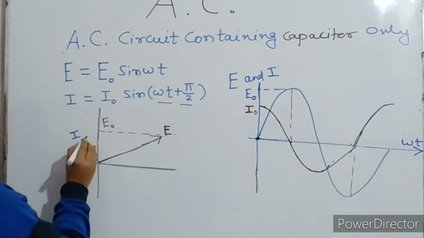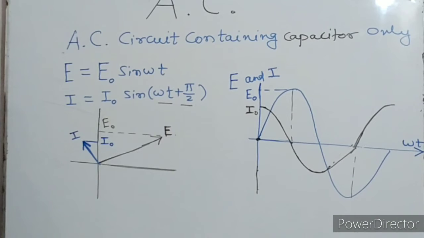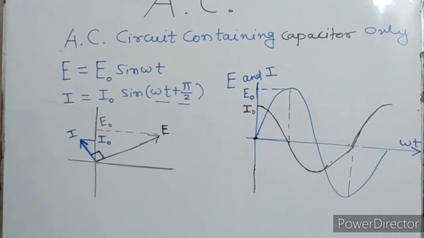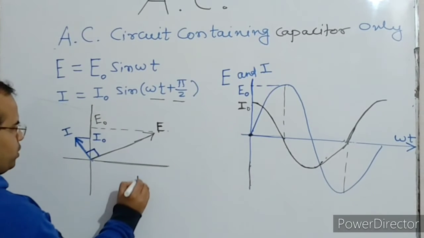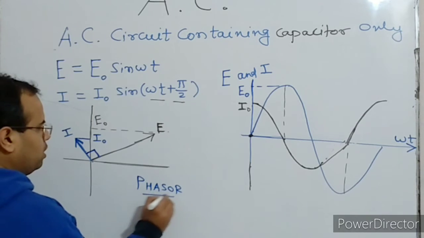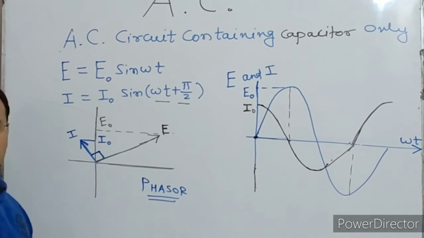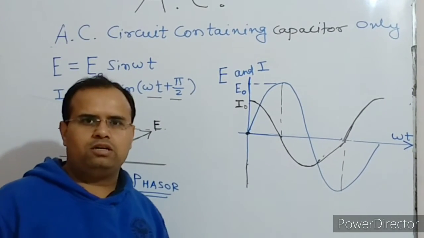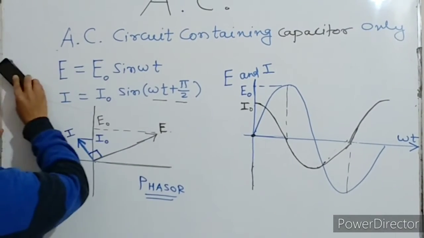Now this is I, and this is the value I naught. And this angle is 90 degrees, that is pi by 2. So this is how we can explain it by the phasor diagram, and we discussed how it varies graphically also. This is basically the behavior of a capacitor when an alternating EMF is connected across its ends. I hope it is clear to you.